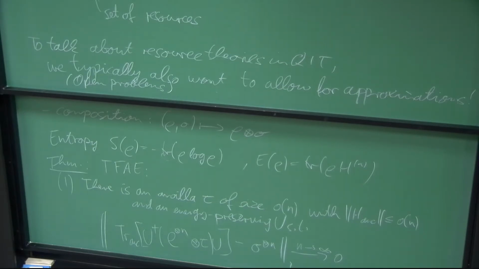So, basically this is also what we do here. So a macrostate is a pair of values, E and S, so of energy and entropy, for which there exists a state which realizes these.